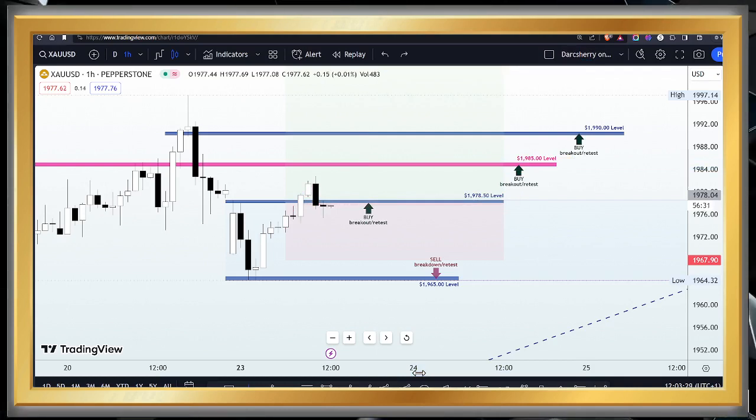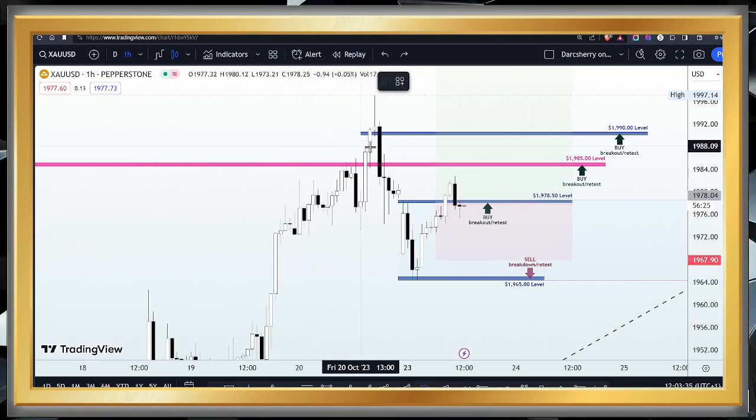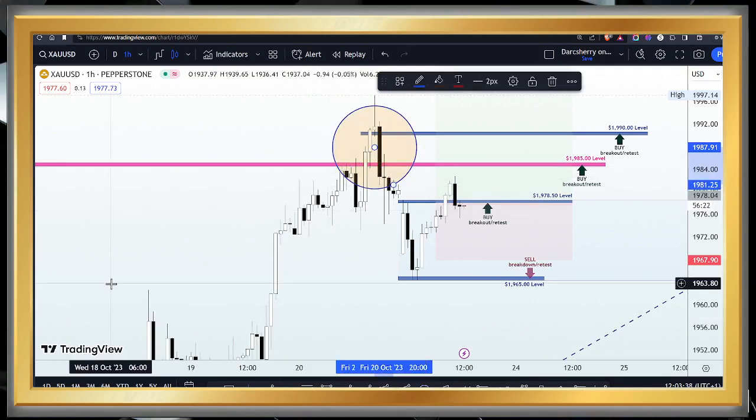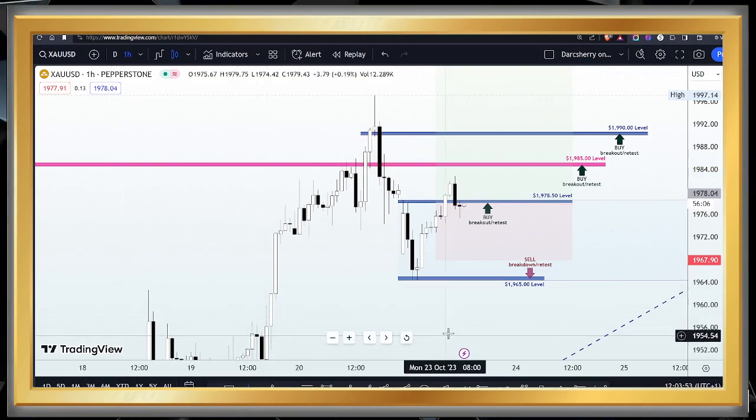So with the way things are going here and with the selling pressure noticed around that 1990 and the 1985, we might likely be seeing some profit taking activities as I have projected on the higher time frame here. And if that is going to be happening, where are we going to be positioning ourselves to capitalize on that retracement move, and how far will it go?